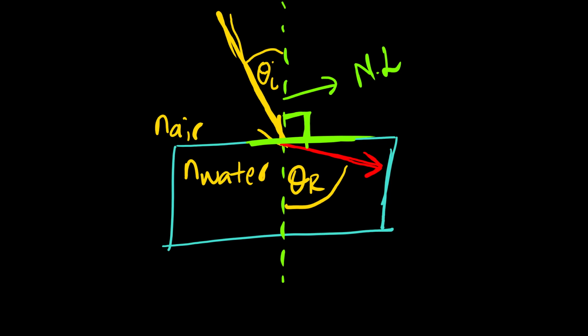Now the yellow line, this is what we call the incident ray. Remember, we have incident angle and incident ray. And then the red one, we call it the refracted ray.